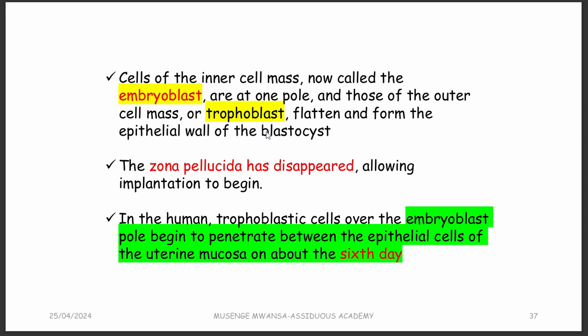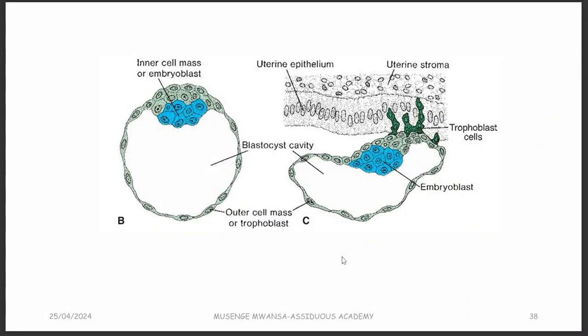They are going to become flat and they'll form an epithelium of the blastocyst or the blastula. The zona pellucida has now disappeared. This should be the fourth day, and that is going to allow implantation to begin. In the human, trophoblastic cells over the embryoblast begin to penetrate between the epithelial cells of the uterine mucosa about the 6th day.